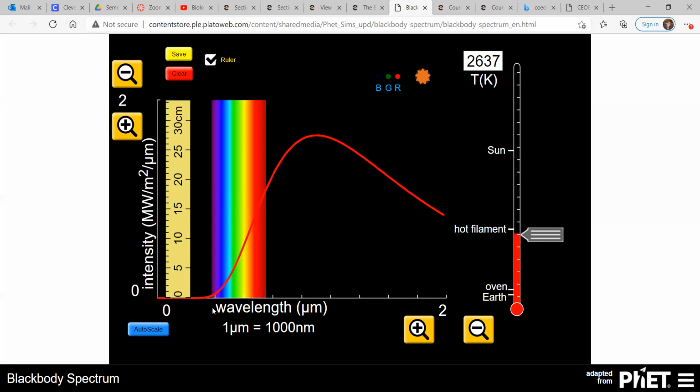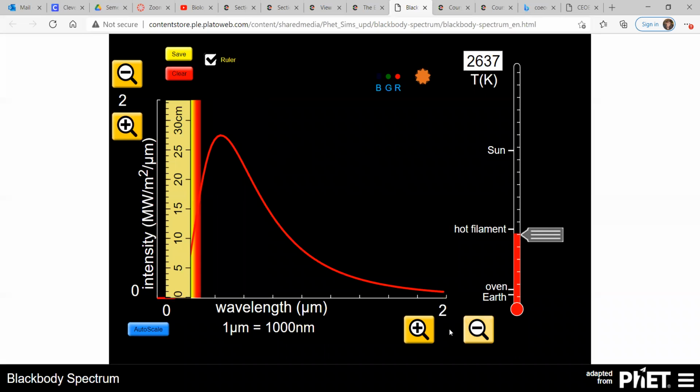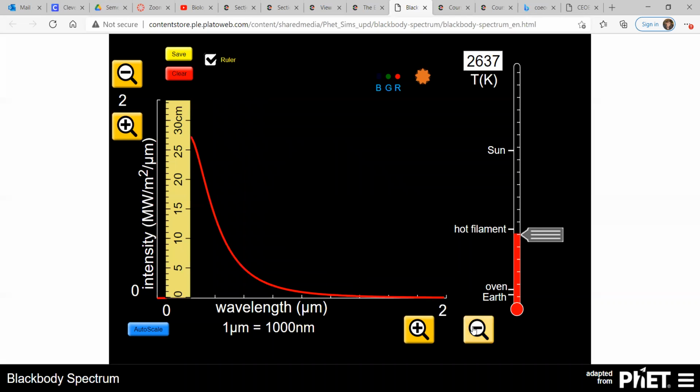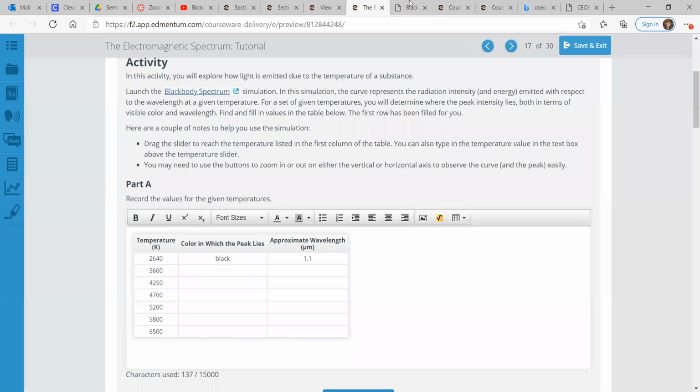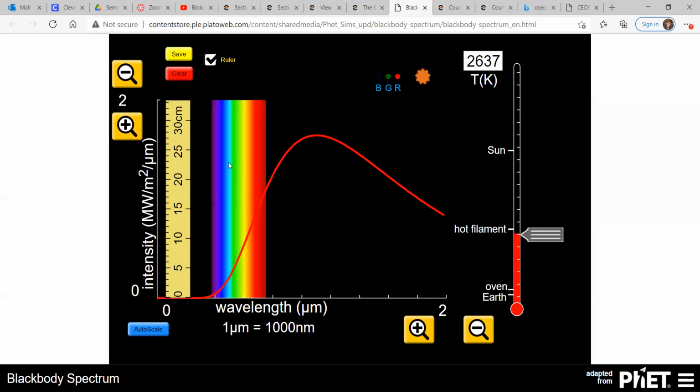And it looks like 1.1 nanometer, like we said. Let's try 3600.